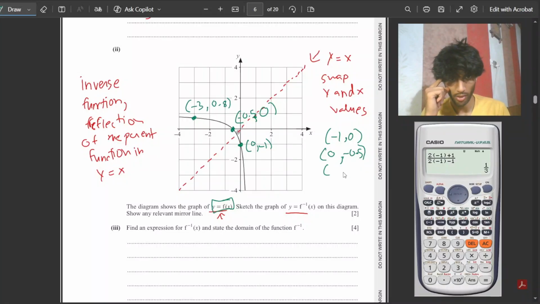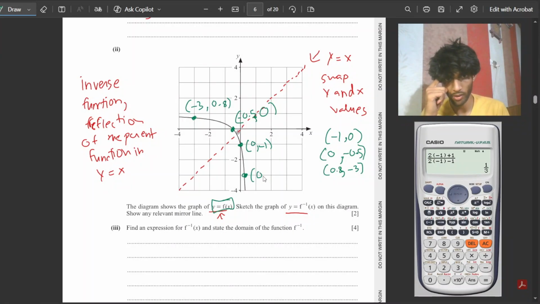So that's going to become 0.8 and -3. And then let's choose a value over here. x is not 0, but a little greater than 0. So let's say 0.2, and then y is -3. So it's going to get swapped and become -3 comma 0.2.